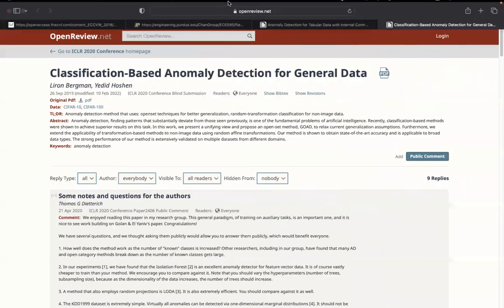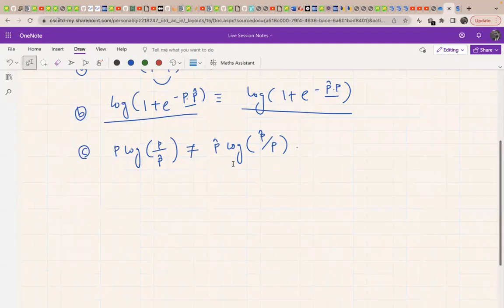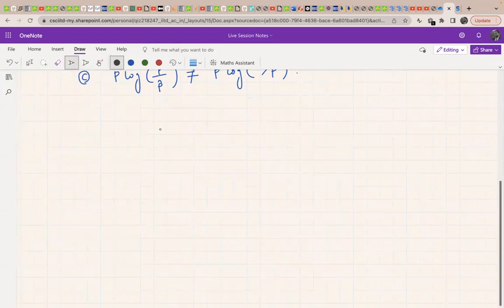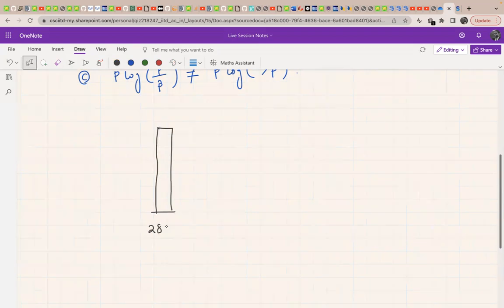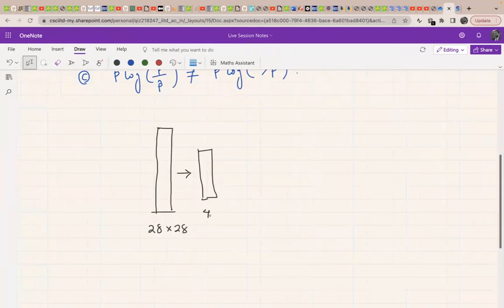So I'll just try to write it. So our autoencoder now is the input layer, which is 28 cross 28, and it is getting connected to a hidden layer of size, I guess, 400, and that is again getting reconstructed to a vector of 28 cross 28.